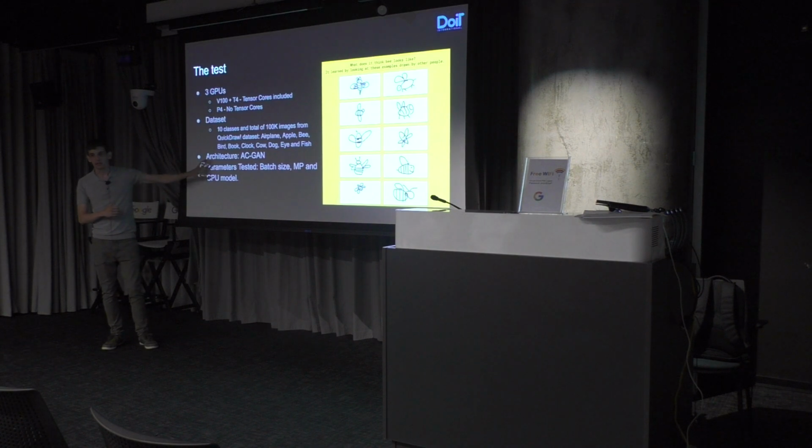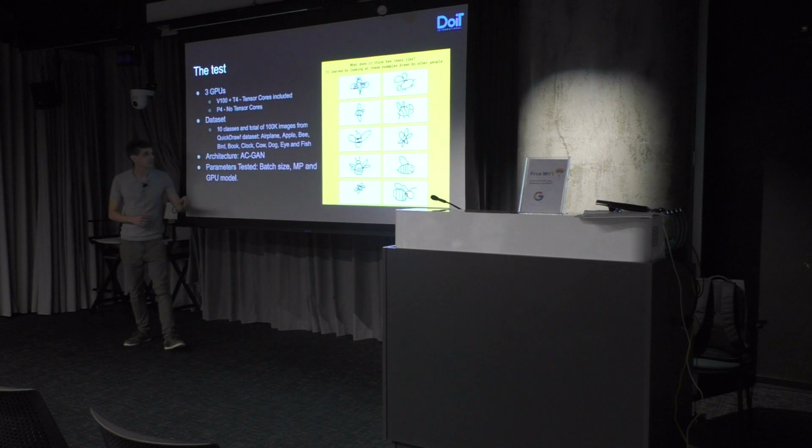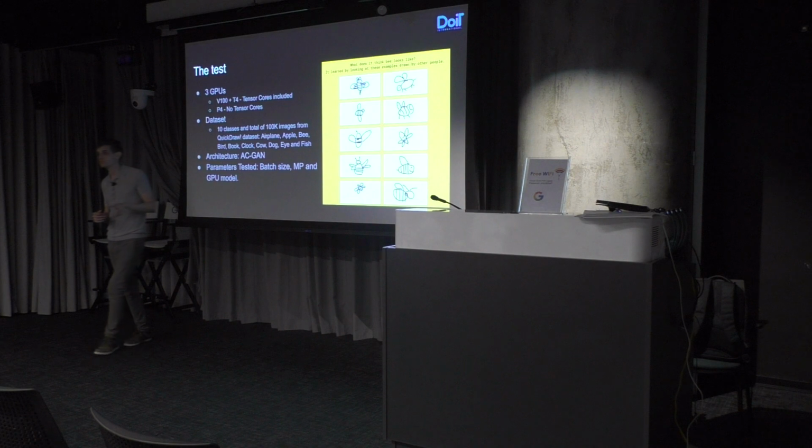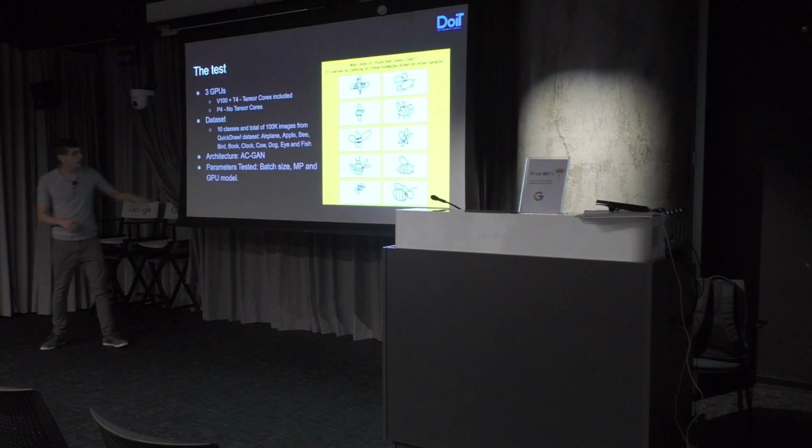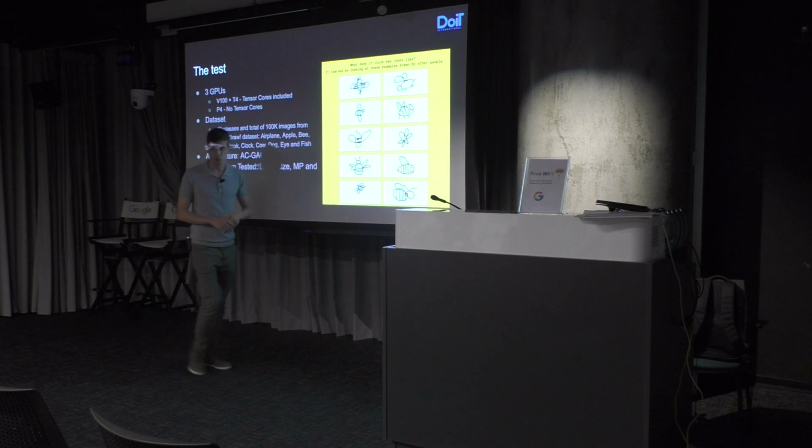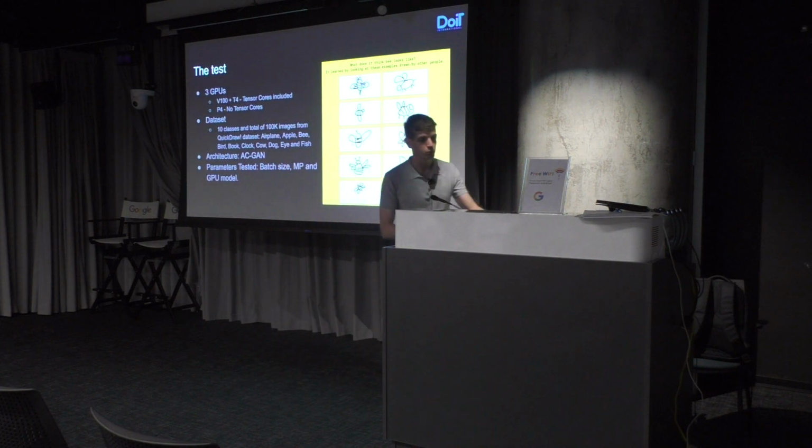Not the cutting edge results in GAN, but fairly easy to train. The parameters that we wanted to test are how batch size is going to affect, how mixed precision versus single precision is going to affect, and what is the importance of the GPU model, how different GPU models will converge.